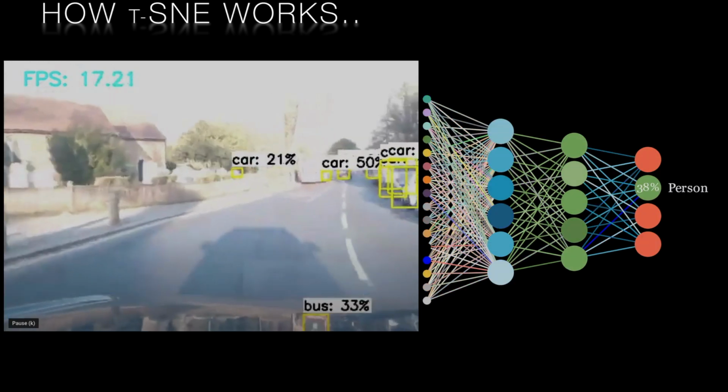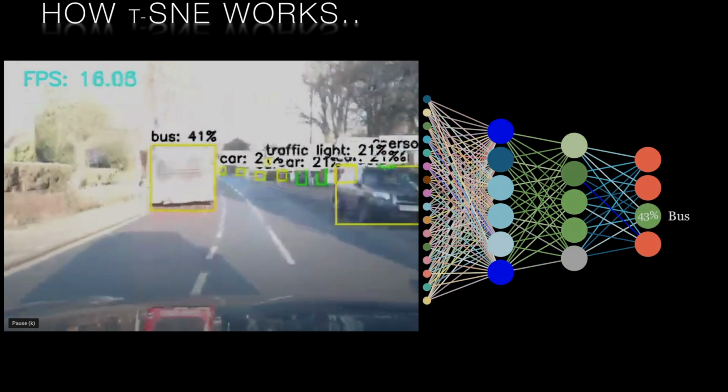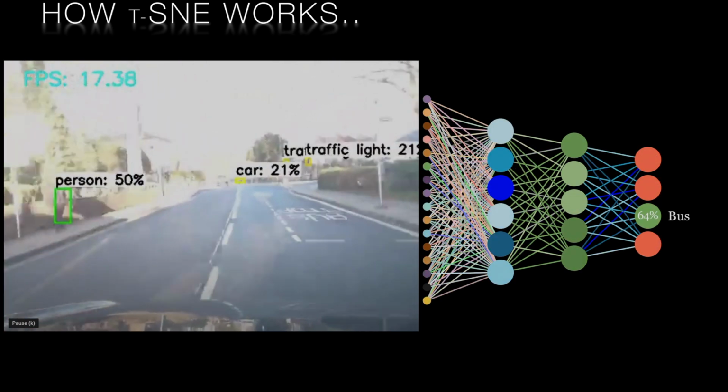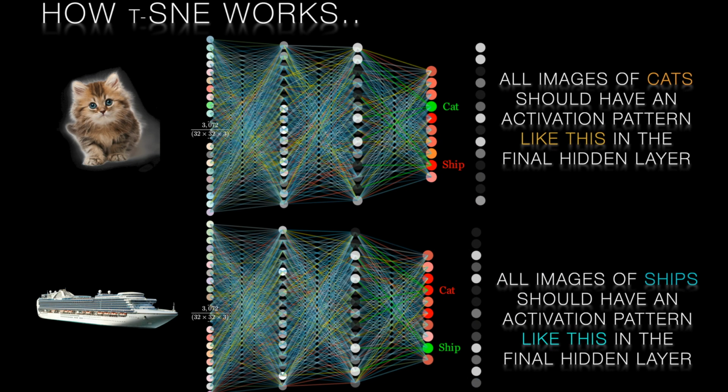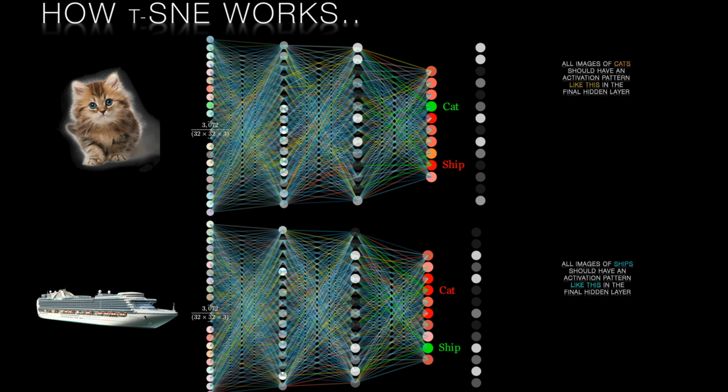t-SNE is good at clustering complicated information that has similar structure. Deep inside neural networks, we have layers whose activations are very similar for similar objects. When a neural network sees images of cats, specific patterns of neurons fire.